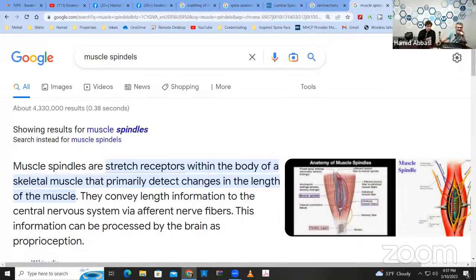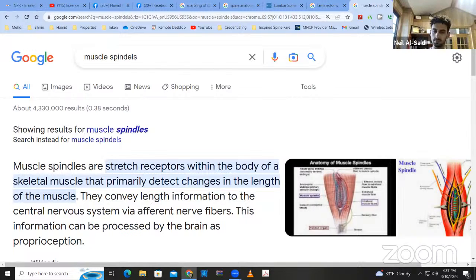No, Golgi bodies are very good, but Golgi bodies are in the tendon. Muscle spindles are modified muscle fibers that practically become part of our nervous system. They tell our spinal segment, it doesn't even go to the brain. That is important, not to go to the brain.